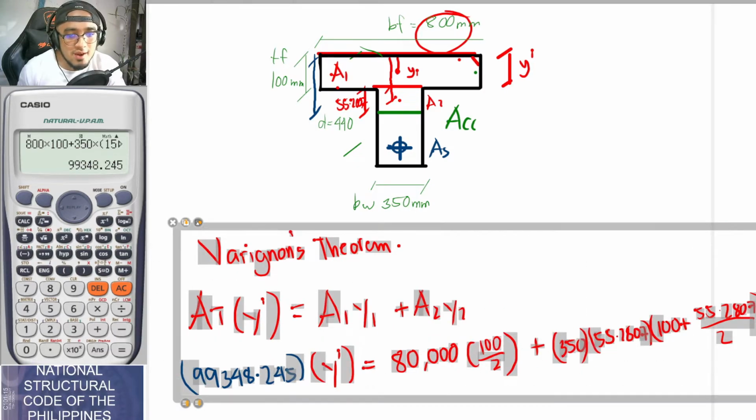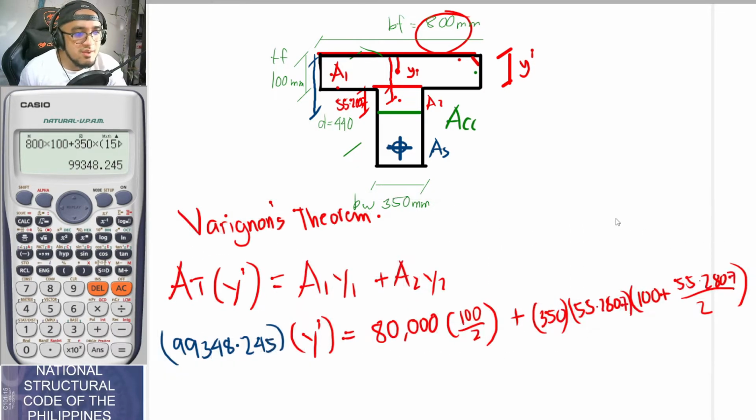Anyway, so for our value for Y prime, our centroid via Varignon's theorem is equal to 80,000 times 50 plus 350 times 55.2807 times 100 plus 55.2807 divided by 2, divided by 99348.245.